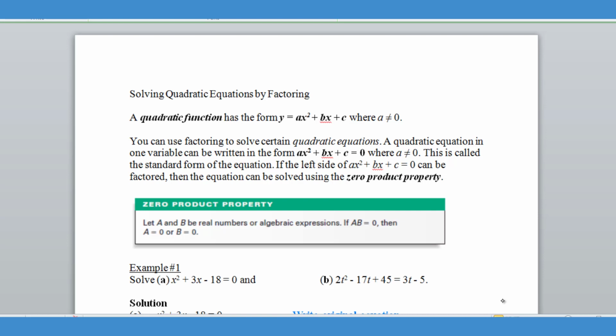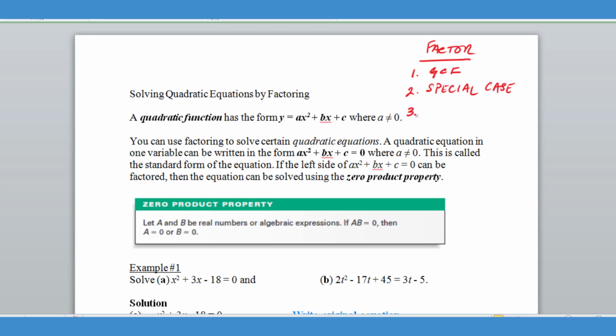Up to this point, you should have learned multiple ways to factor, so I just want to quickly review the methods. The first thing we learned is how to factor out a common monomial, which we call a greatest common factor, or GCF. Then we learned some special cases, such as perfect square trinomials and difference of squares.